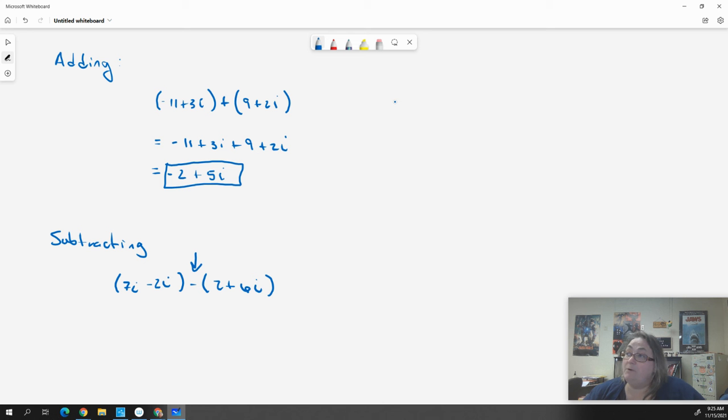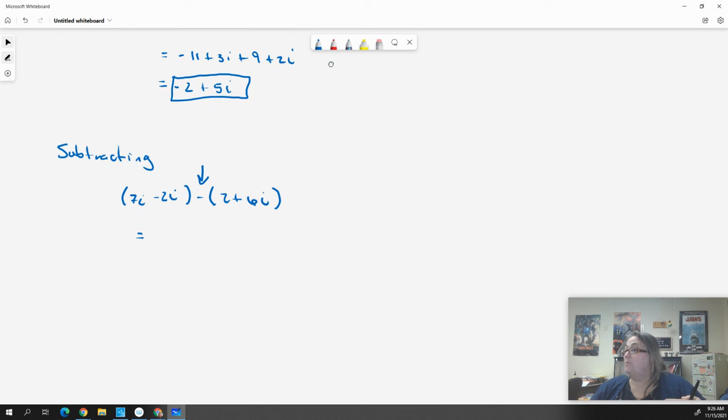Because before, when we were adding, we could just take everything out of the parentheses, right? But just like when we're adding or subtracting polynomials, we can't do that when we have this subtraction on the outside, because what it's saying is -2, but it's also saying -6i. And so we need to write it as such.